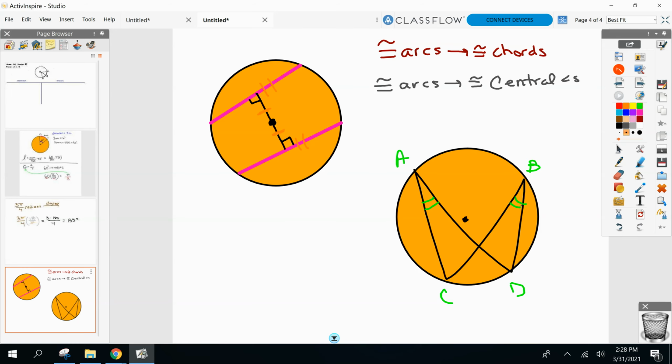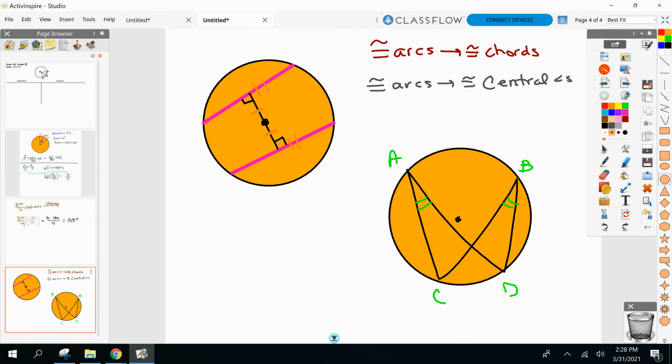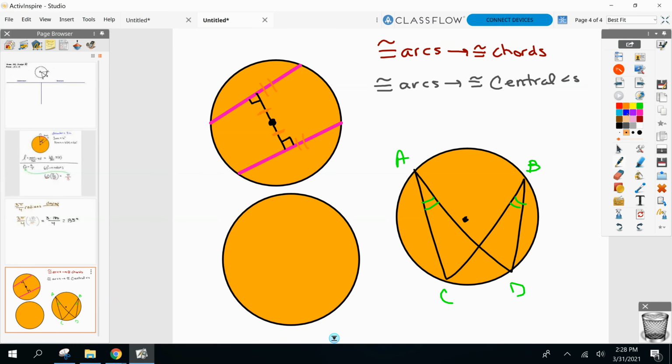And also, while we're on the topic of inscribed angles, if I have a quadrilateral inscribed, what do we know? If the quadrilateral is inscribed, what's the theorem say?